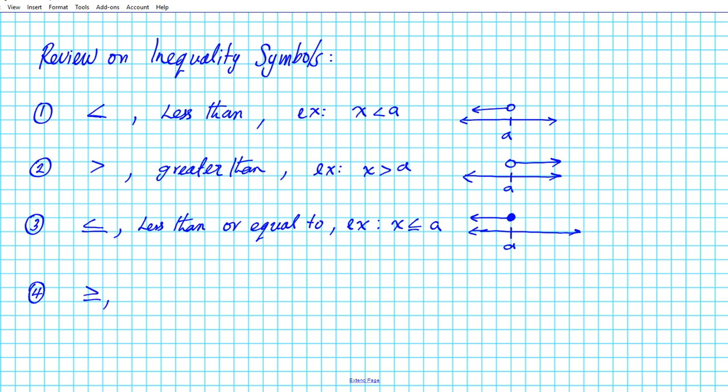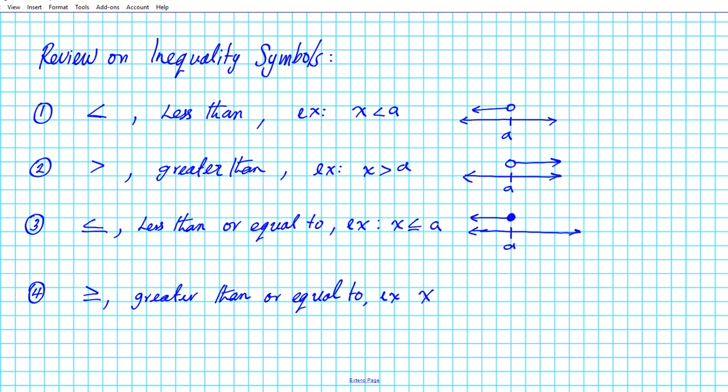Greater than or equal to, as the inequality symbol, greater than or equal to. Let's take a look at how to graph that on a number line.